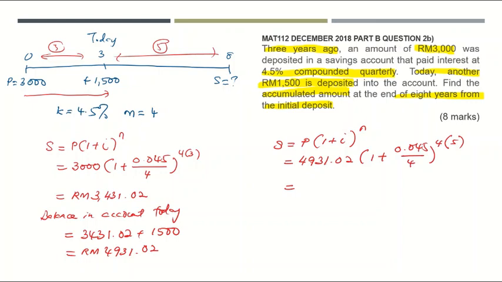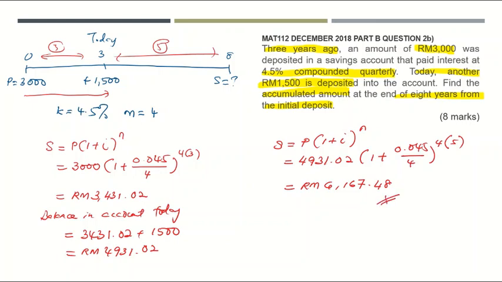You get the answer to be 1.25070750521. This amount is multiplied with the current balance in the account today, 4931.02. So you get the final answer to be RM 6167.48, to 2 decimal places.